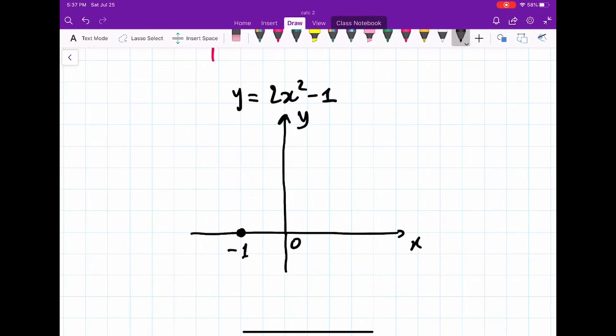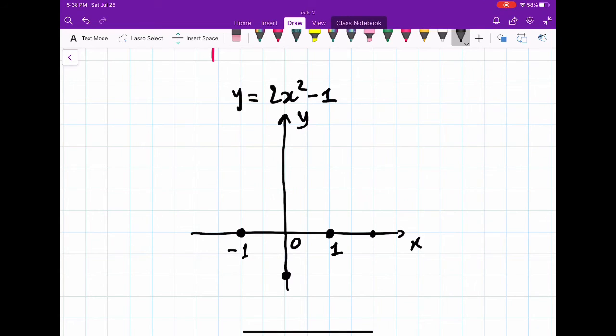When x equal to 0, the function is -1. Interesting, -1 right here. So that is the vertex. When x equal to 1 and -1, the function is 0. Okay, it looks good. When x equal to 2, the function is 8 minus 1, which is 7.